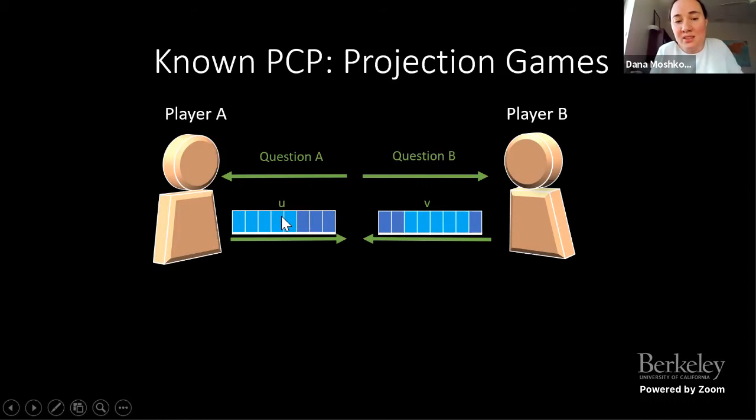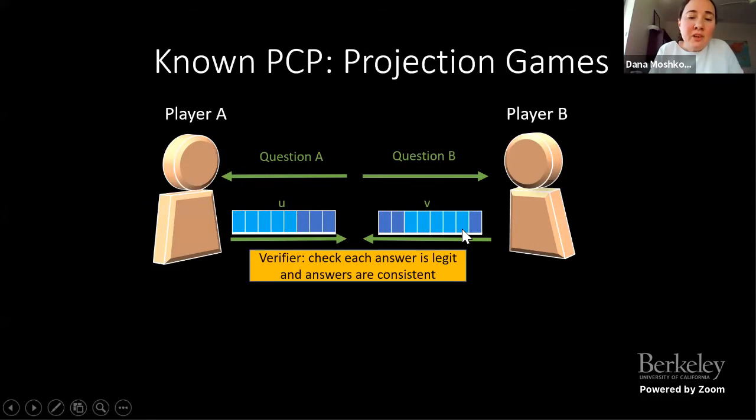So the questions are correlated, and there is a way to test the 2 answers against each other, because here I denoted the intersection by this light blue. And maybe these are the variables that the two questions had in common, and the verifier is going to check that indeed they give the same assignments to those common variables. Okay, so the verifier usually checks something on the U question separately, right?